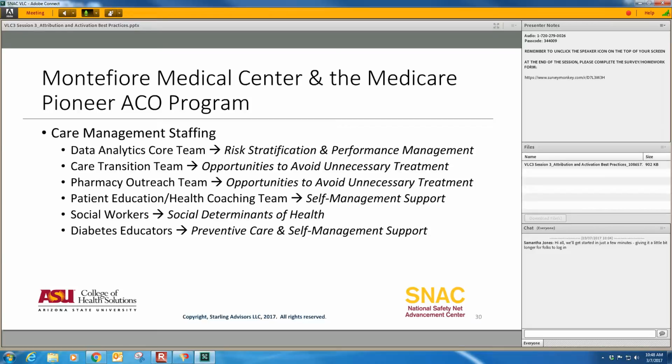Any thoughts or responses as you look at how they chose to approach their ACO program? Or barriers you see to doing something similar?